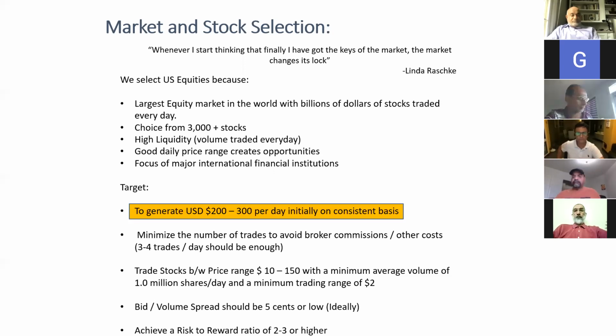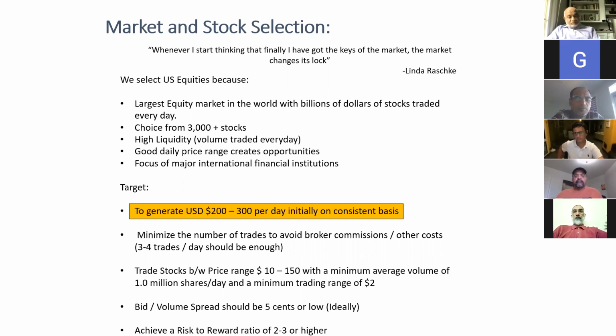If you buy a stock immediately in the market, you will pay $31. Then if you go back and try to sell it, it will be $30. Immediately you have a loss of $1 per stock. That's not acceptable, because we will be trading in large volumes. So we want a bid ask spread of 5 cents or below, ideally. It could be 7 or 8 cents, but beyond that I normally don't trade any stock unless its bid ask spread comes down.